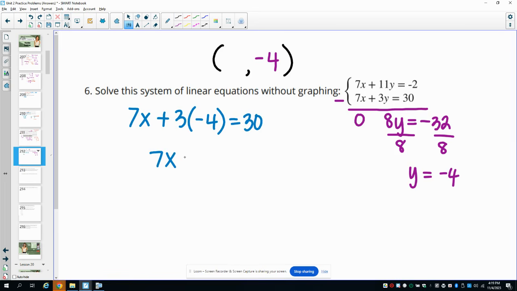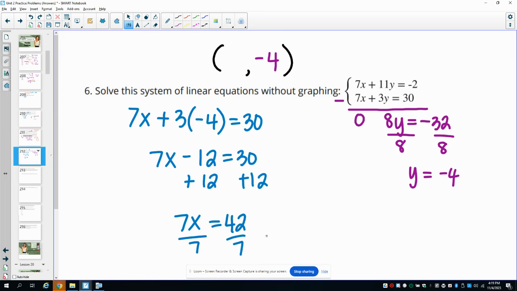So then we have 7x minus 12 equals 30. So we'll add 12 to both sides because that gives us 7x plus 0 equals 42. So then we can just divide by 7 and we get that x equals 6. So our solution to this system is 6, negative 4.